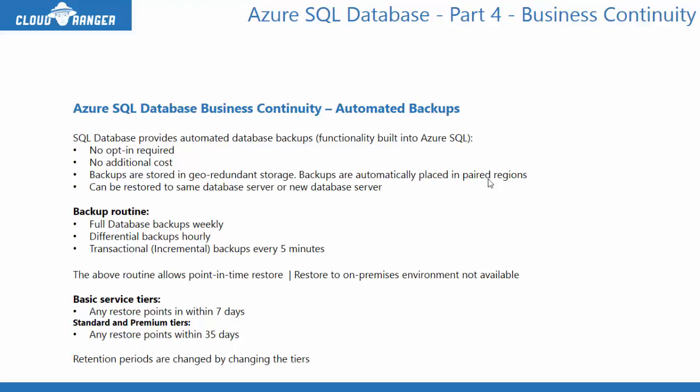If you're in East US 2, which I'm using right now, it will have a paired region. You have no control over this, but what it will do is take your backup and make it geo-redundant by placing all of your data in that location. Geo-redundant storage actually costs a little bit more, but over here, you don't have to worry about it because there's no additional cost for doing this.